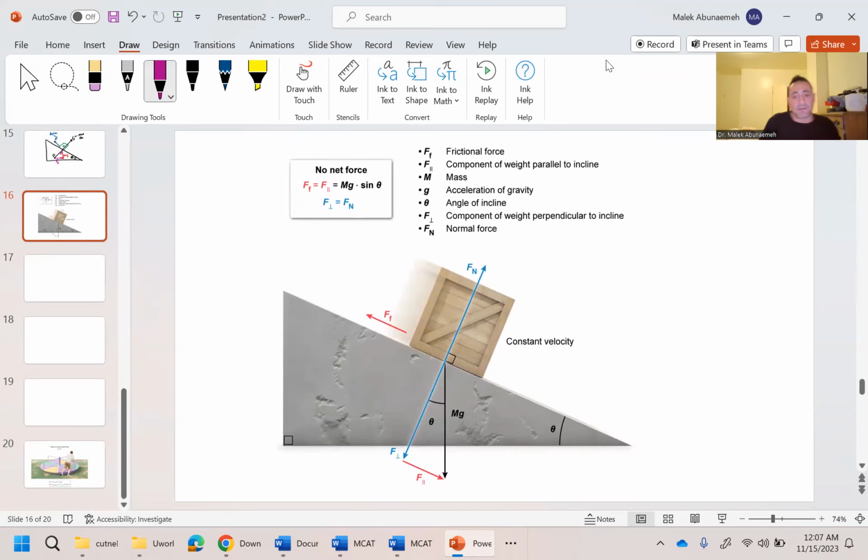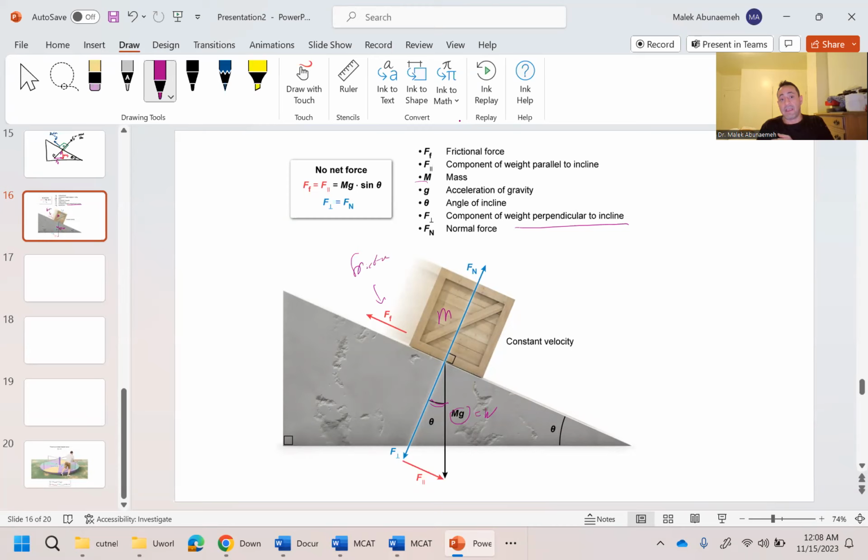This is our object with mass m, and your mass times your gravity is your weight. Here's your normal force, which is opposite from the component of the weight perpendicular to the incline. Because it's on an incline, it creates an angle theta, and between them you have the component of the weight parallel to the incline, which is opposite your friction.